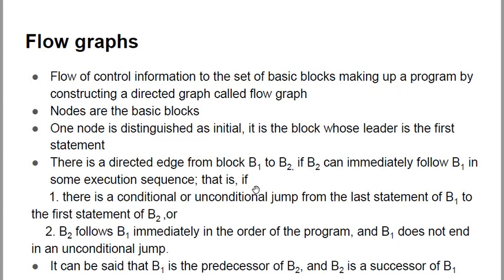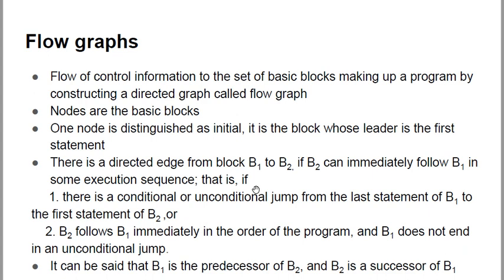So what is a flow graph? A flow graph comes after the identification of our basic blocks. Flow of control information added to the set of basic blocks making up a program by constructing a directed graph is called a flow graph. The nodes are the basic blocks, and one node is distinguished as initial. It is the block whose leader is the first statement.